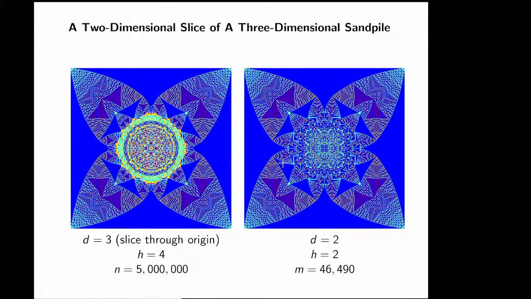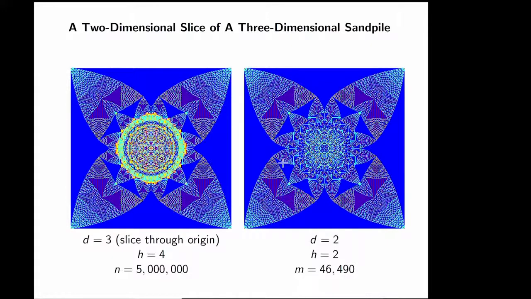So every site initially has 4 particles, and we keep adding particles at the center, and we get a growing cube. Now in this cube, if you take 5 million particles and examine a slice through the center, we get a square, and we get this pattern inside the square.